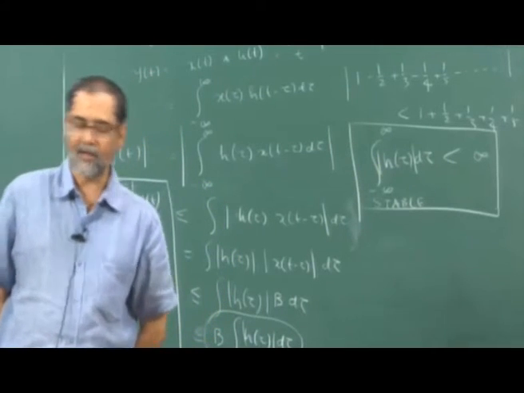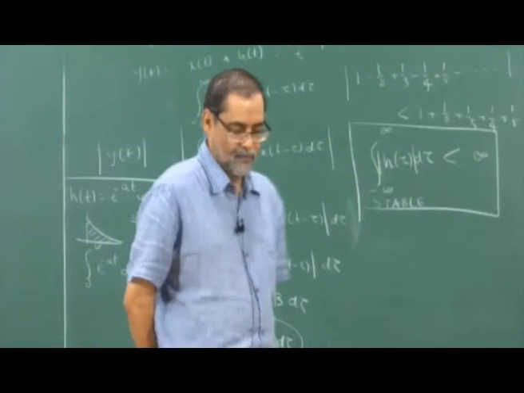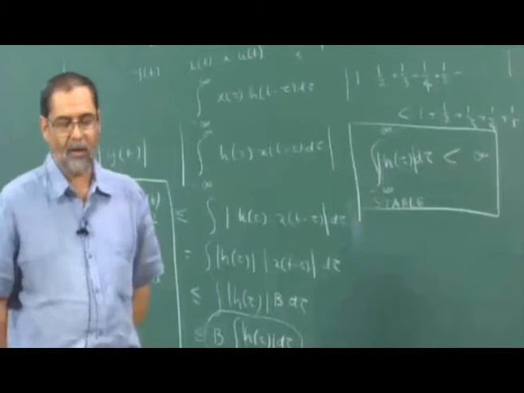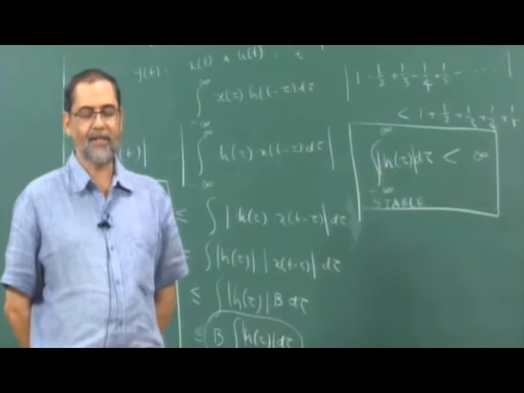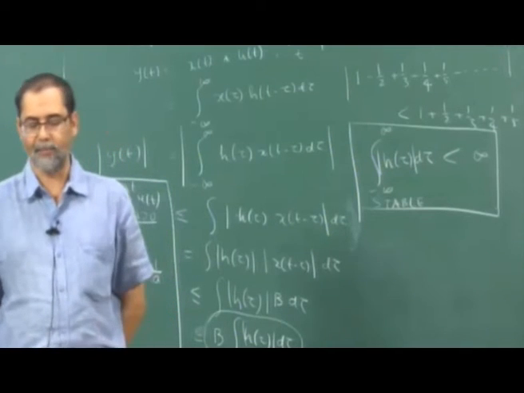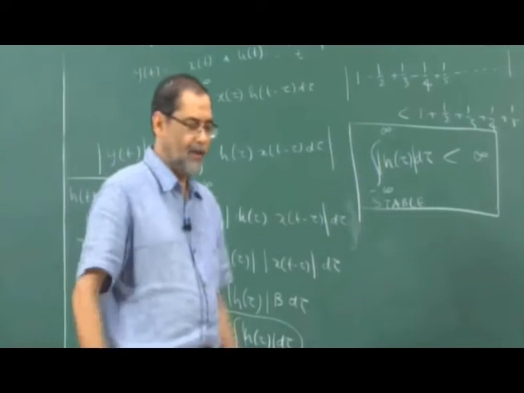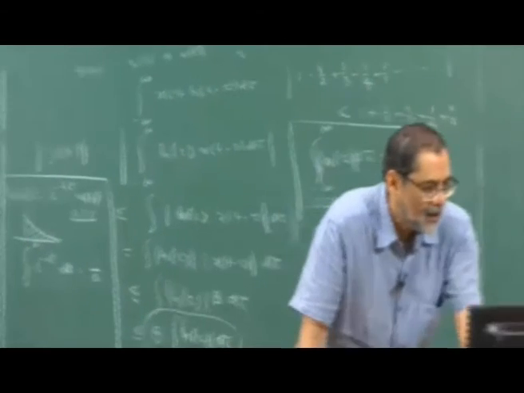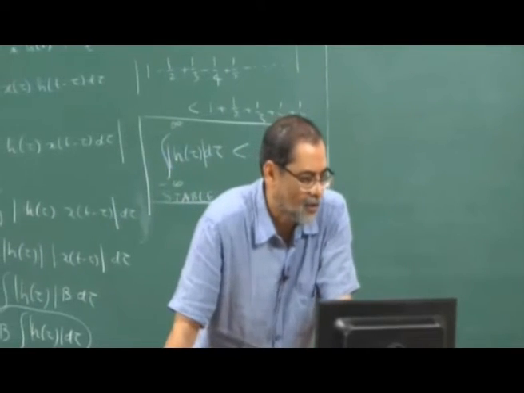Mechanical engineers talk about saddle form stability, saddle point stability, and so on. For us, I have defined stability as bounded input, bounded output stability. So h of t is u of t, it is not stable. That part is clear. I don't know whether it's critically stable or not.